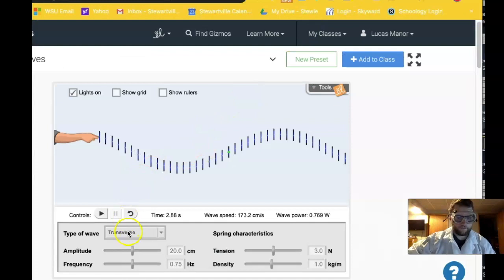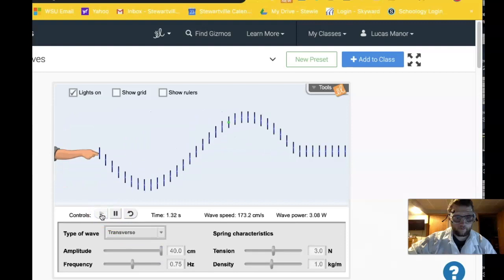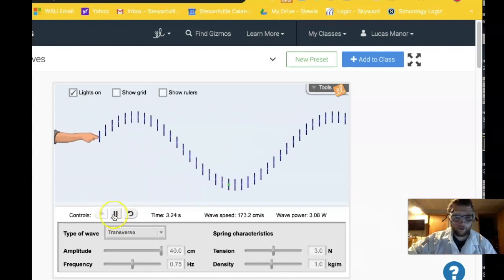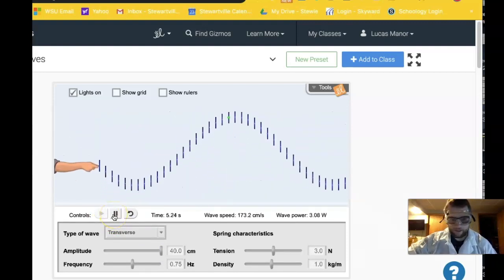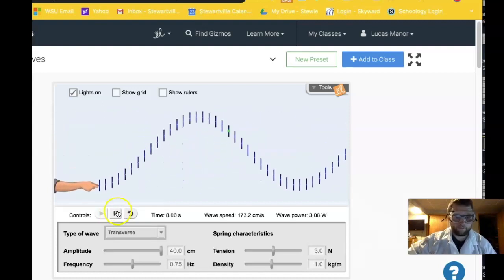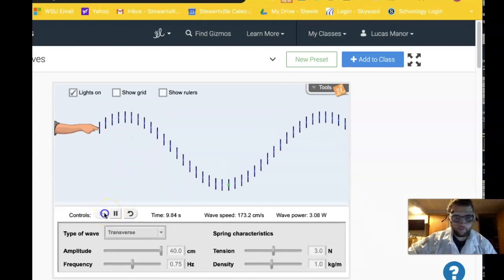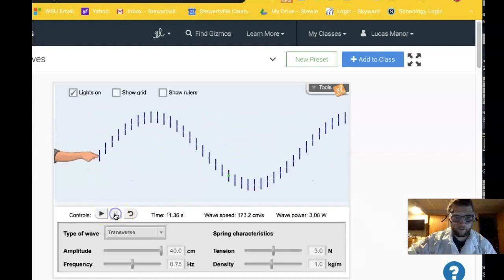So first up, let's reset. We're going to increase the amplitude. So, as we can see, our speed is actually going to remain the same, and our wavelength is definitely going to increase.